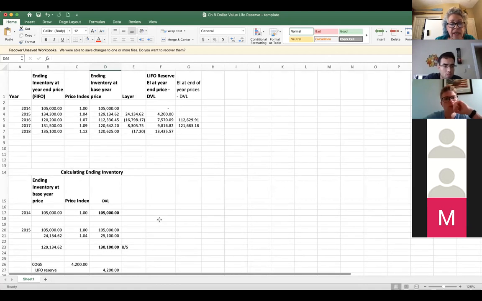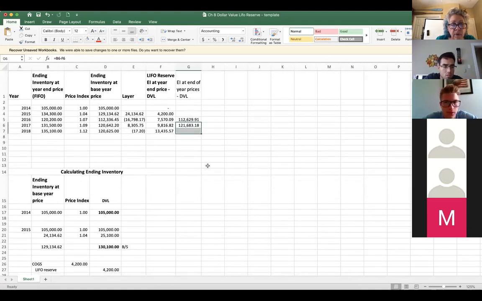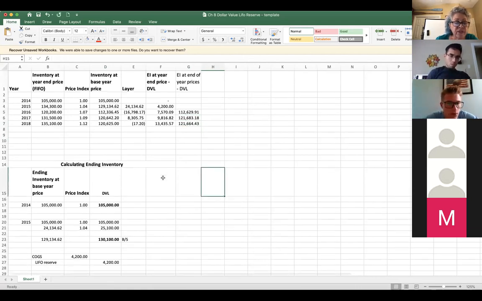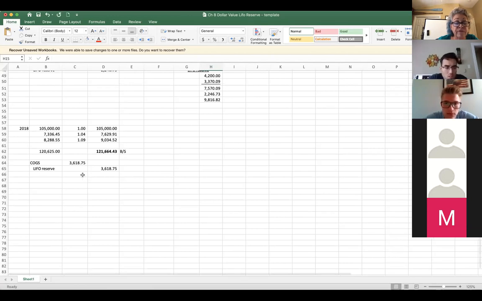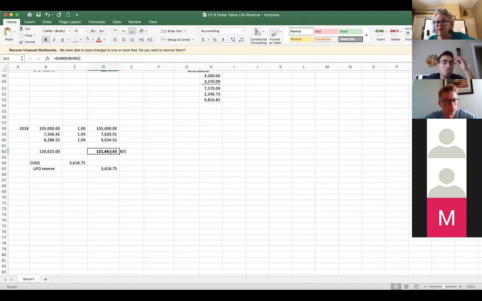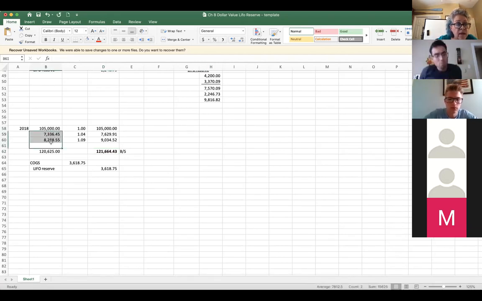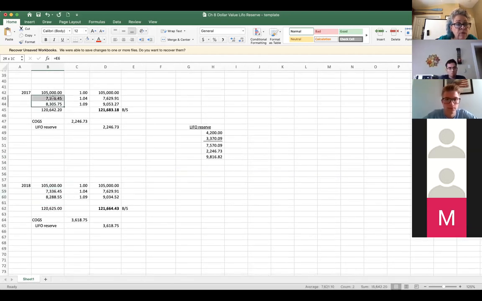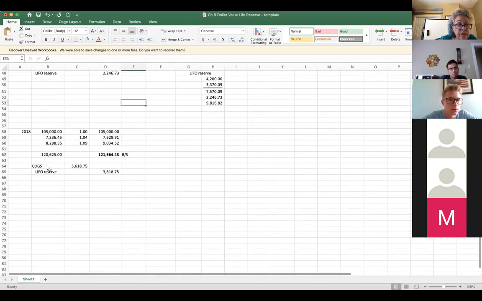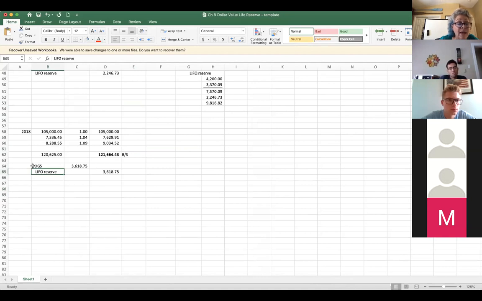When a company liquidates enough, this journal entry can get reversed. If your DVL ends up being higher than your FIFO because you've liquidated older costs, like if I had liquidated in 2018 all of these layers and part of my beginning inventory, then my journal entry would have to be reversed. I would have to debit LIFO reserve and credit cost of goods sold.